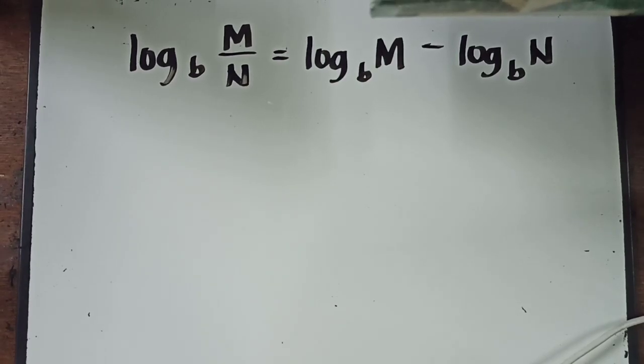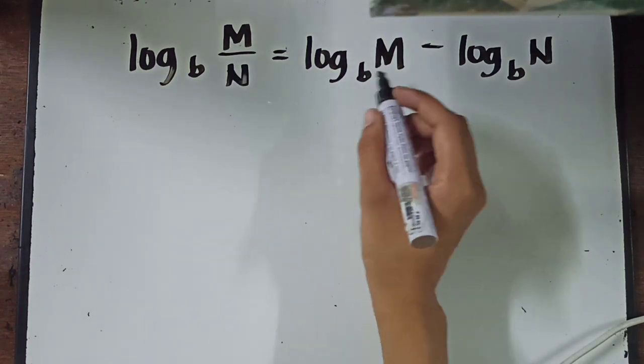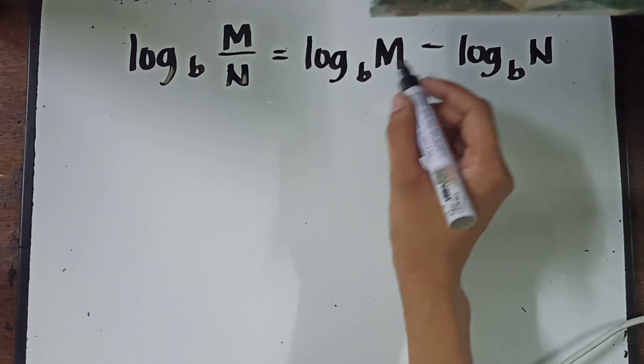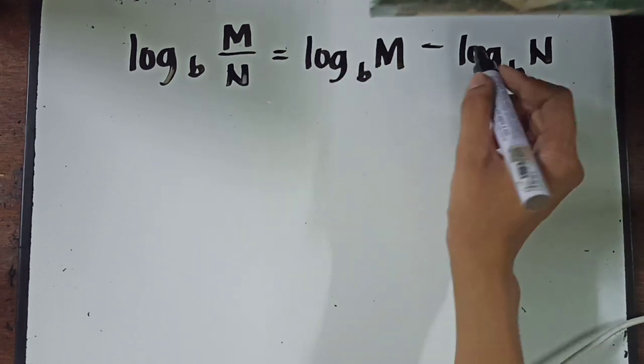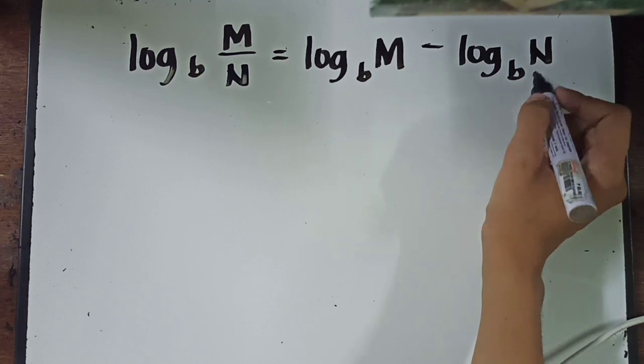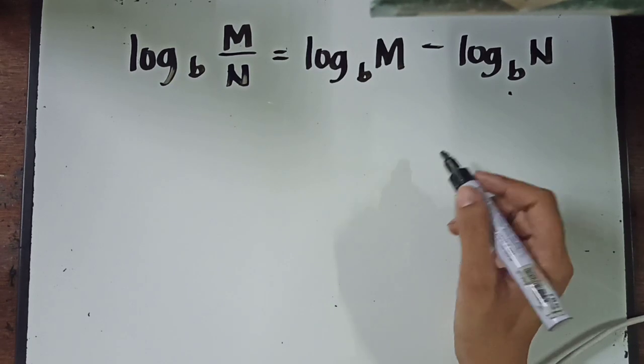So, for the third law, so we have logarithm of quotient. So, it states that the logarithm of m over n to the base b is equal to the logarithm of m to the base b minus, okay, so from division it will become subtraction, the logarithm of n to the base b. N is our denominator, okay?